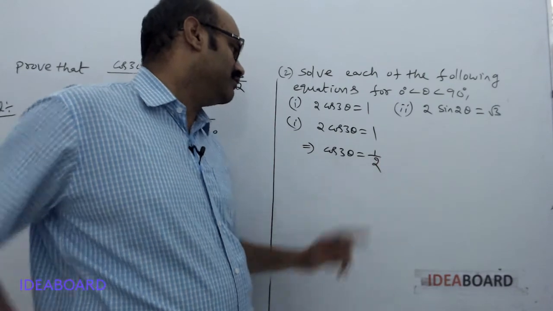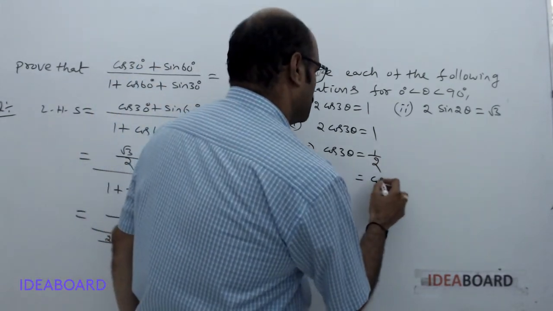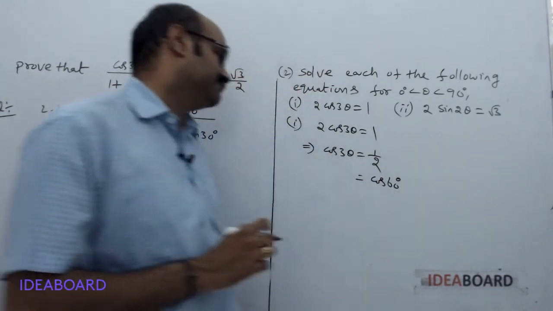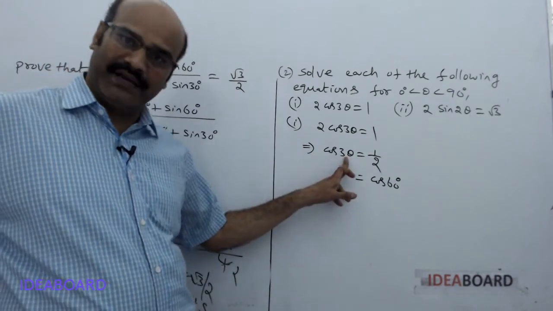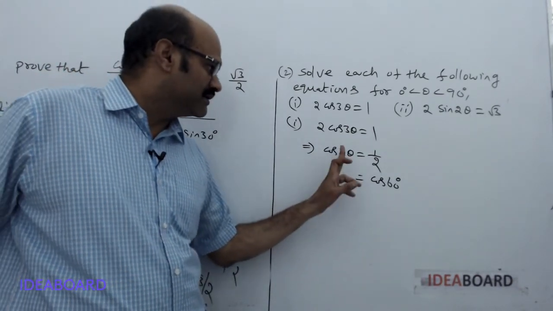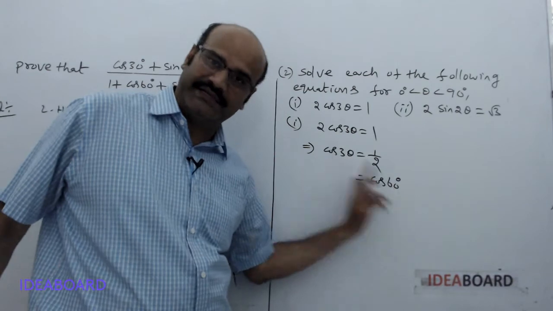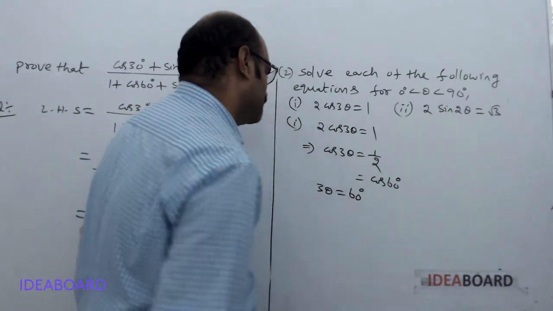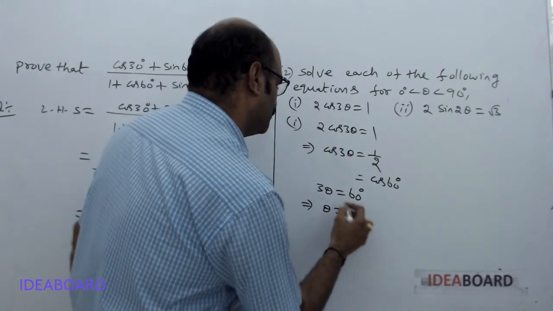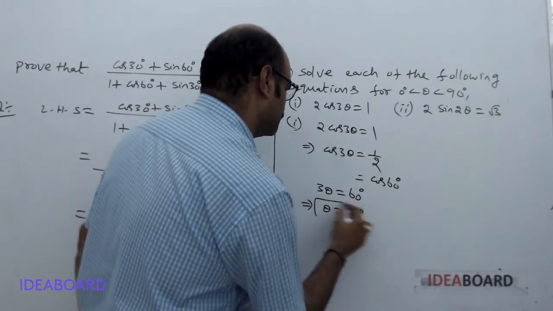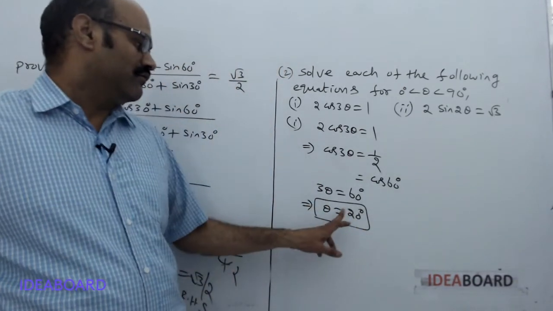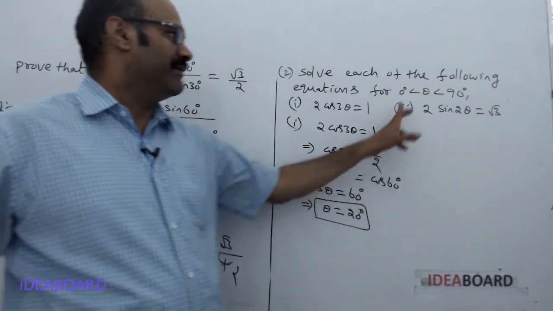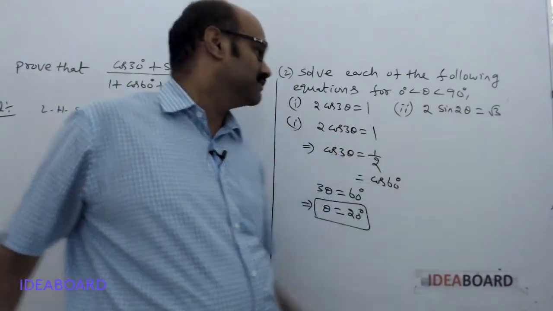We know that 1 by 2 equals cos 60 degrees. It implies we can take 3 theta equal to 60 degrees. It implies theta equals 20 degrees. The angle which we get should lie between 0 and 90.